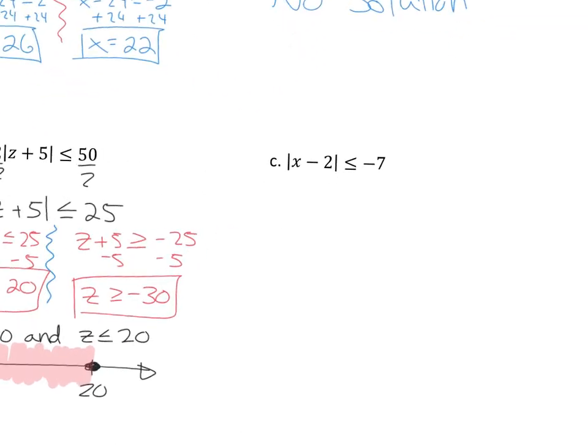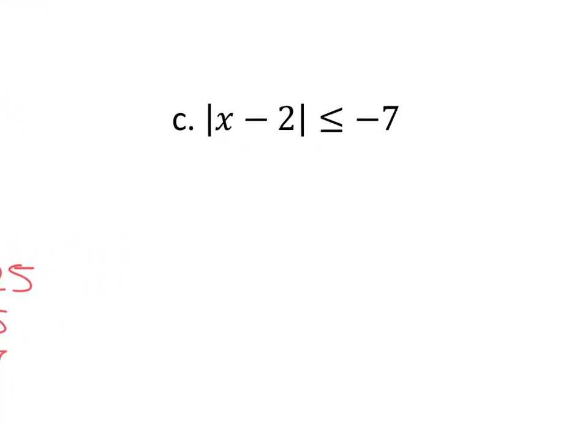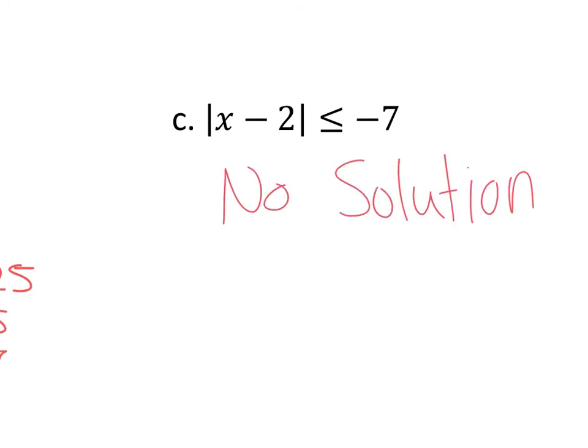Now let's take a look at this. Haha! Another special solution. If you are less than a negative number, is that possible for an absolute value? No, it's not possible. This is no solution. Because absolute values are always greater than negative numbers. If I had this, how many solutions would I have here? Oh, here.